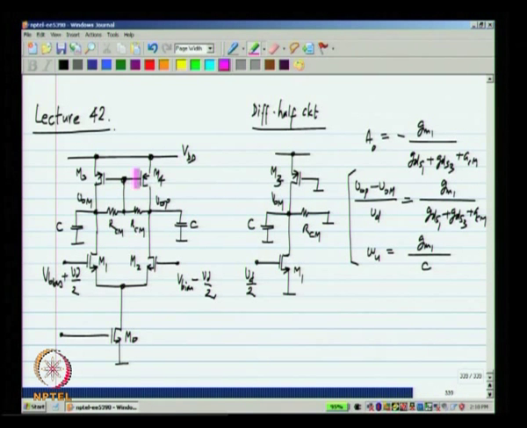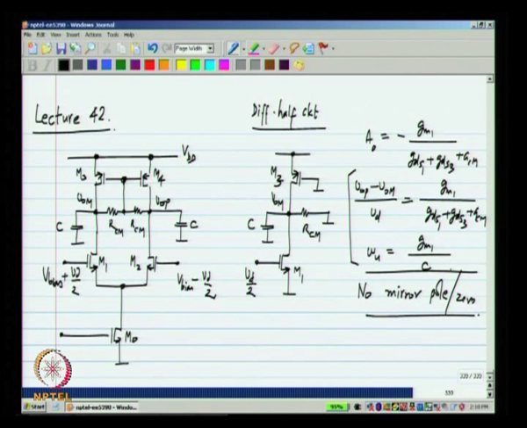Because the current mirror has some pole in its frequency response, half of the current was going through some pole and the other half was coming directly. So we had this mirror pole and zero. In the fully differential single stage op amp, we do not have any such thing. So that is actually an advantage of the fully differential single stage op amp.